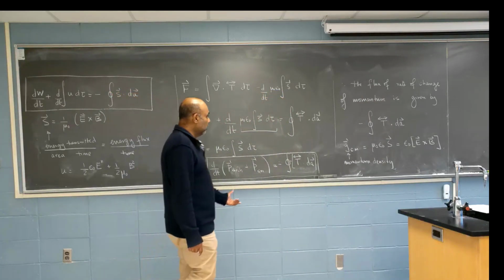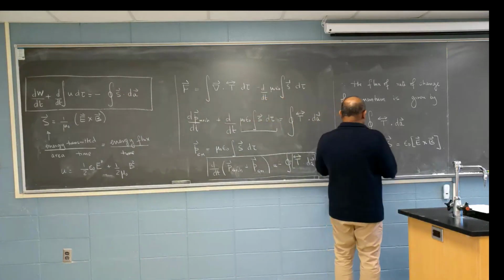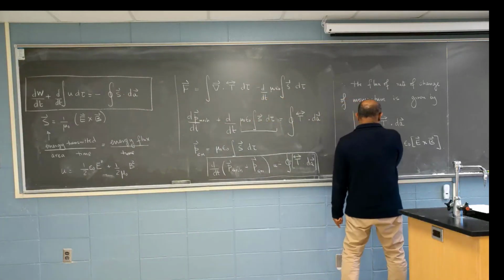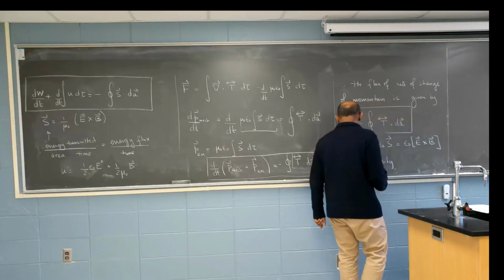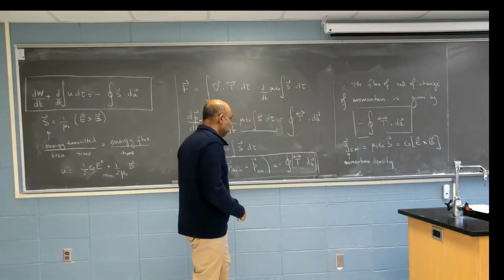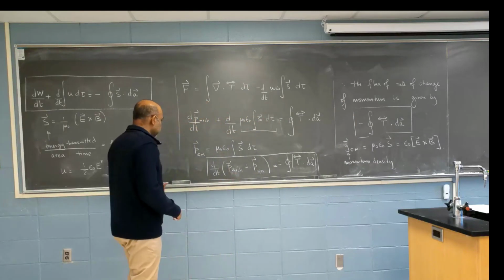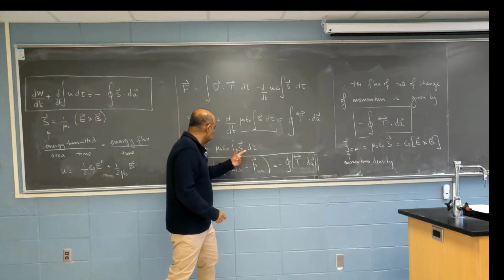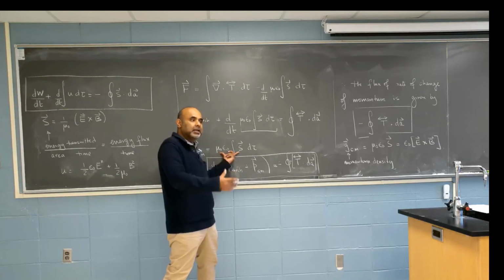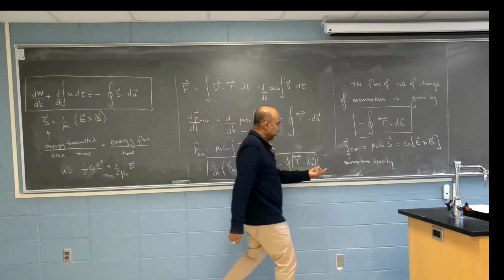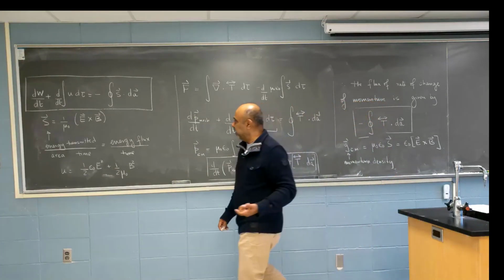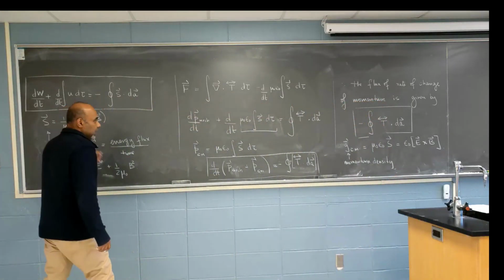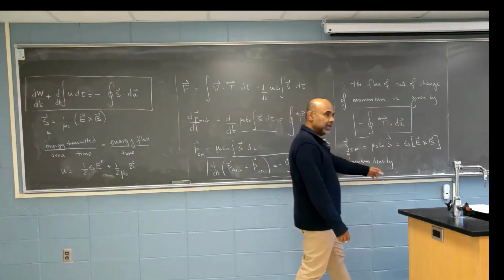Okay, so therefore, this term with the negative sign, don't forget, is interpreted as the flux of momentum. And whatever is here without the integral is the momentum density. Because when you integrate momentum density, you get the total momentum. And that's this guy. And what happens is the mu zero cancels because of the denominator. And then what remains is epsilon naught.